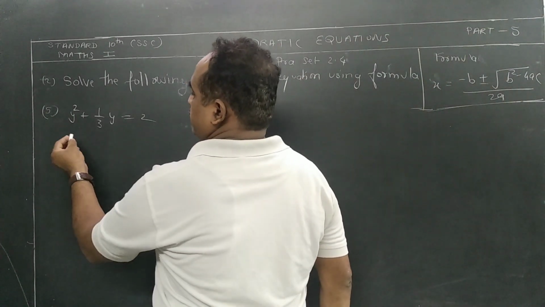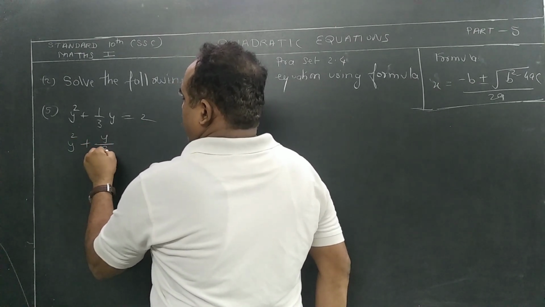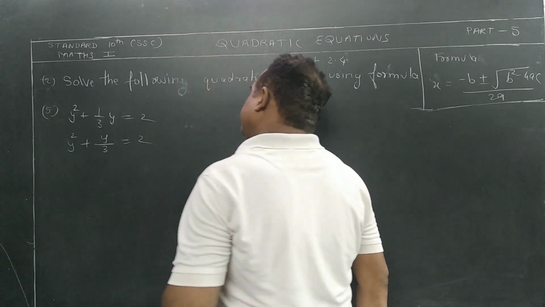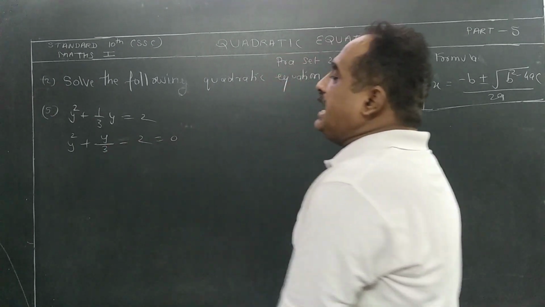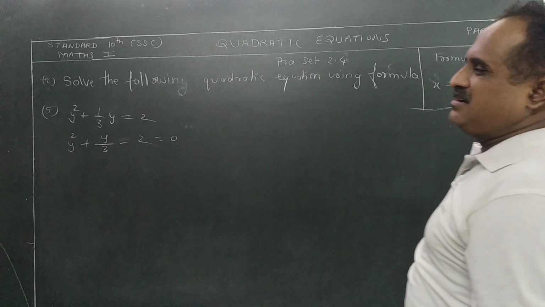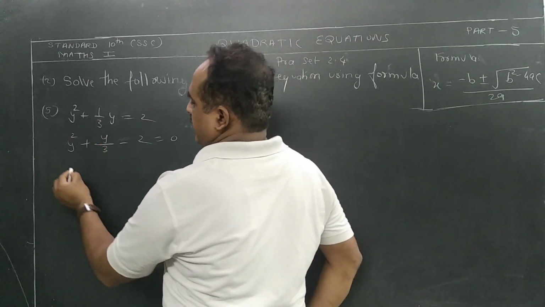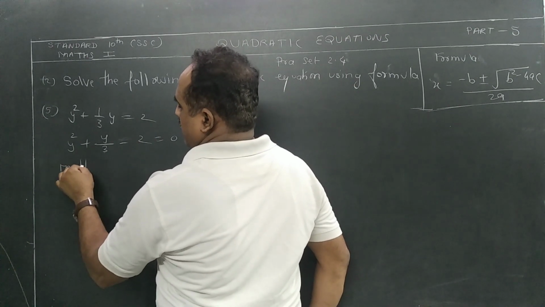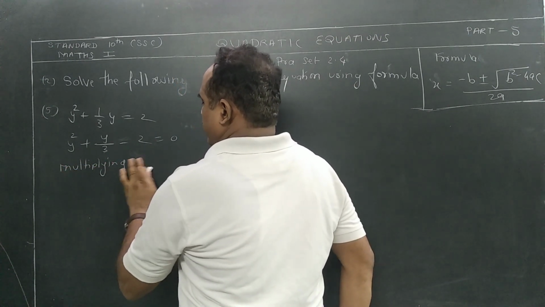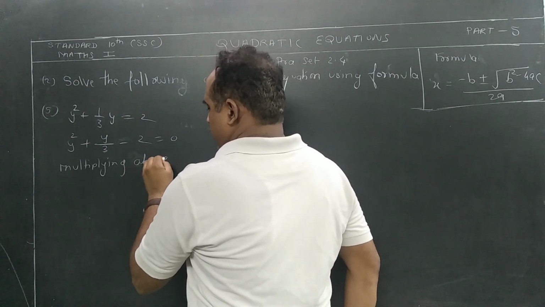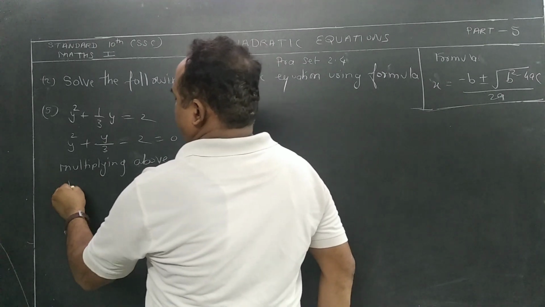In the fifth question, we can write y square plus y upon 3 is equal to 2. Yes, we can transfer 2 from the other side to make it 0. You can take it as it is, but there will be some confusion in the calculation. Better way, remove this 3. I will do it by multiplying the above equation by 3.